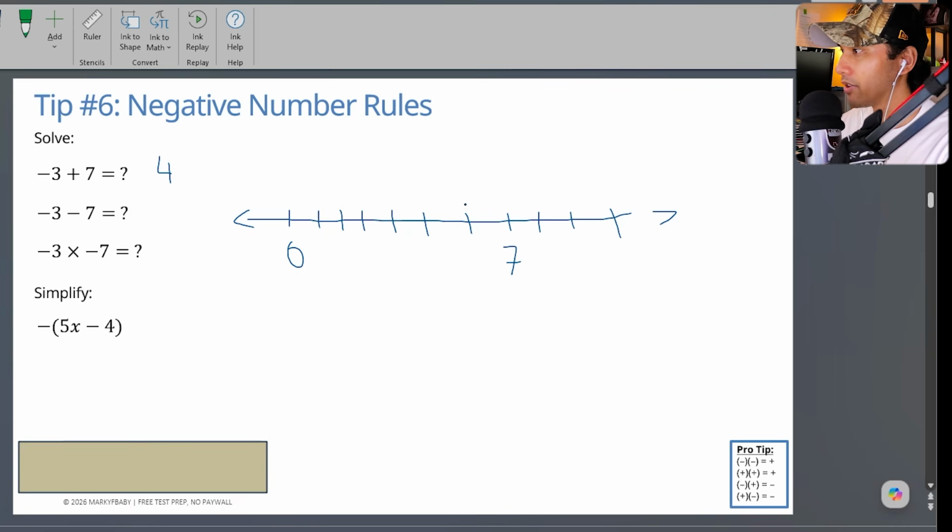Well, if we have our 7 right here, and then we go minus 3, minus 3 points is 1, 2, 3, and that equals, well, let's start here at 0 again. 0, 1, 2, 3, 4. 4, right? So this is what's happening on the line, okay?